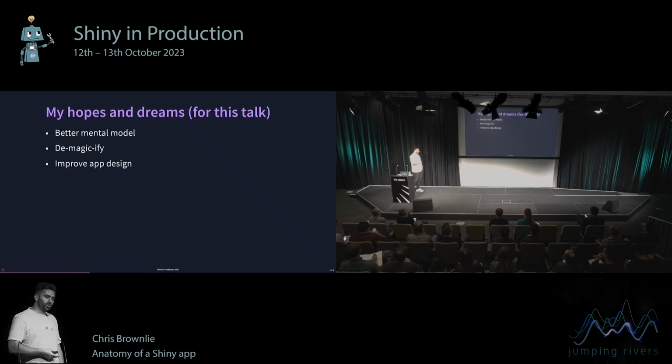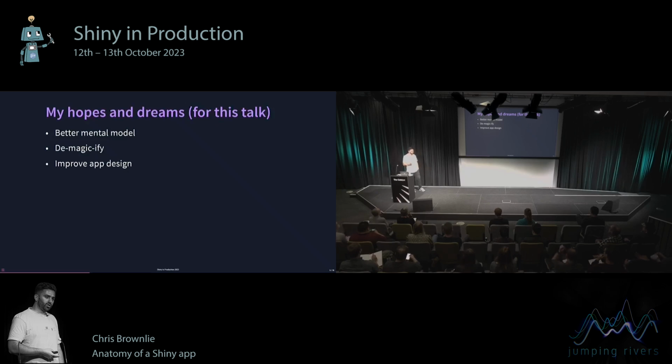So what I'm hoping to achieve with this talk really is three things. I think it's very easy to use Shiny and do lots of stuff with Shiny without having a good mental model or understanding of what's going on under the surface. And I think that's by design, really.